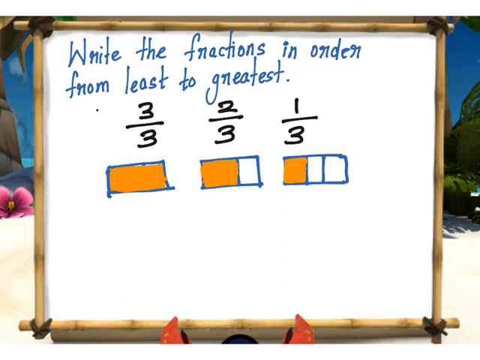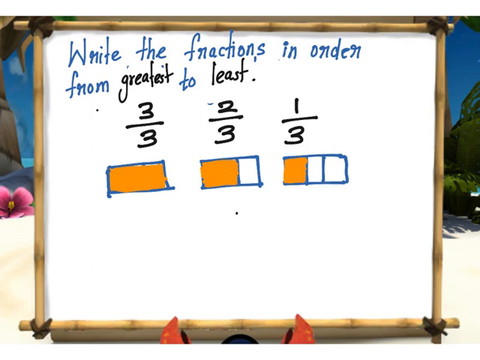Now let us arrange the same fractions from greatest to least. So let me erase the least word and the greatest word in the question, and let me change it. Okay, so now we are doing it from greatest to least. Greatest means bigger value, and the least means the smallest value.